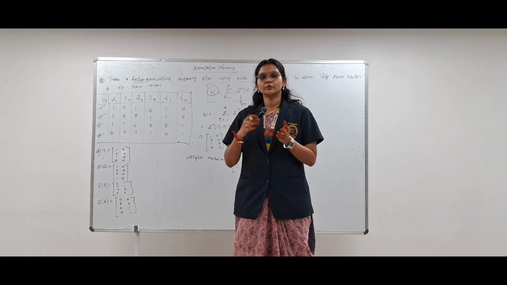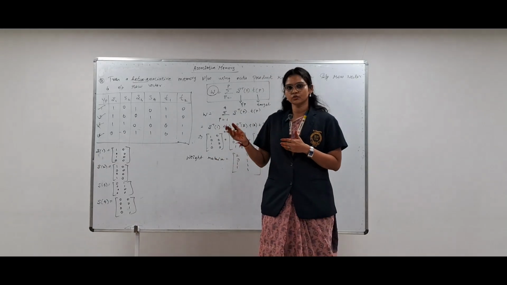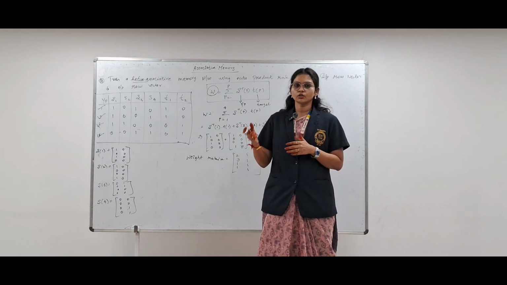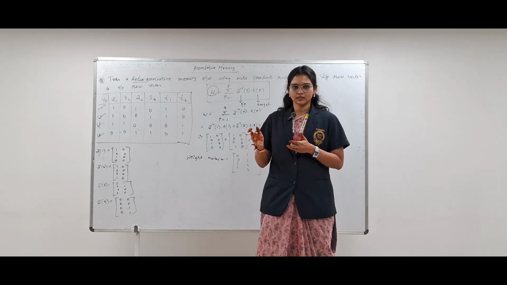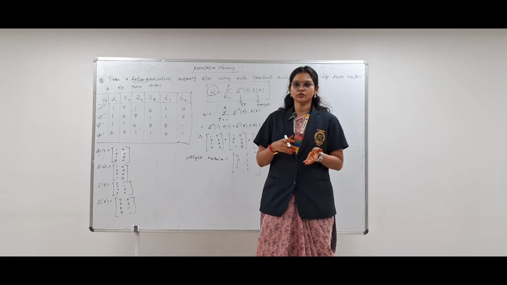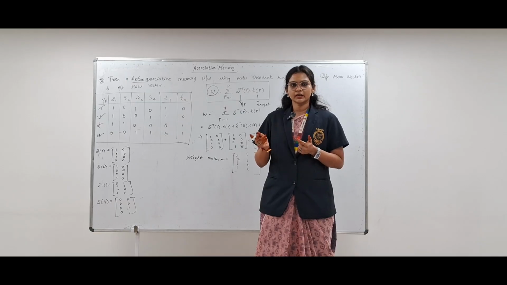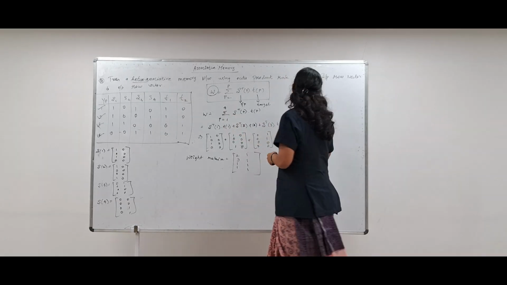Fine. And the differentiation between the autoassociative and the heteroassociative is that autoassociative is a singly connected network, whereas heteroassociative is doubly connected, which is a dual connection. The example for the autoassociative will be Hopfield.